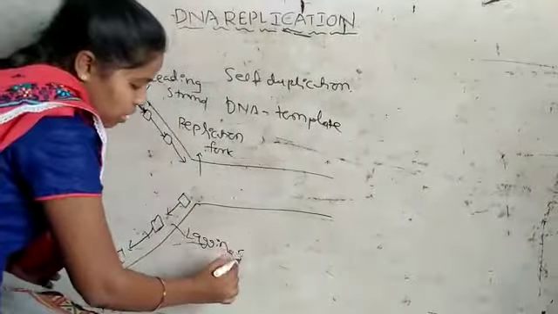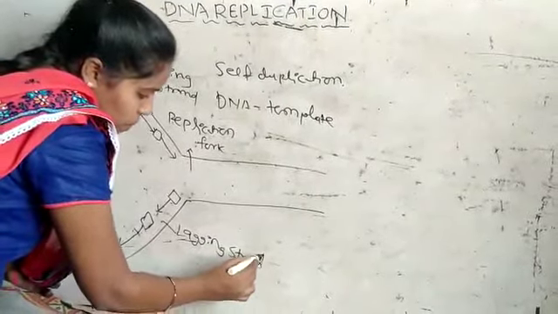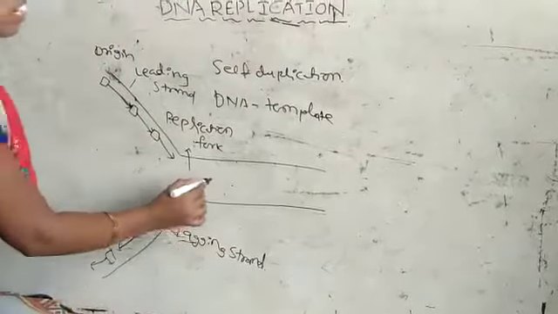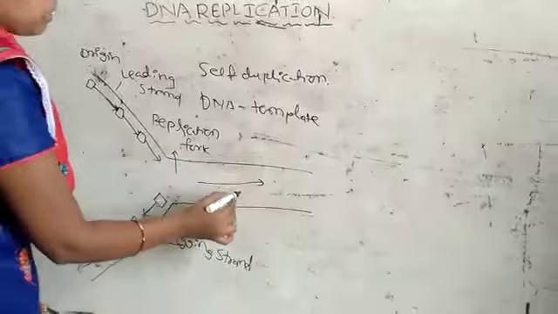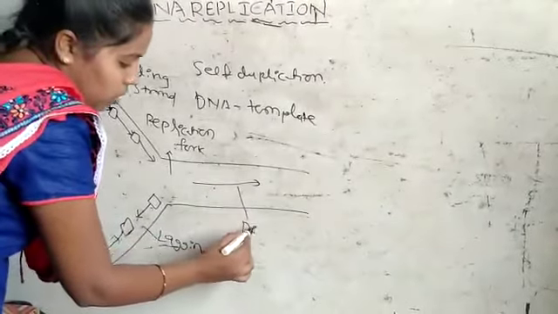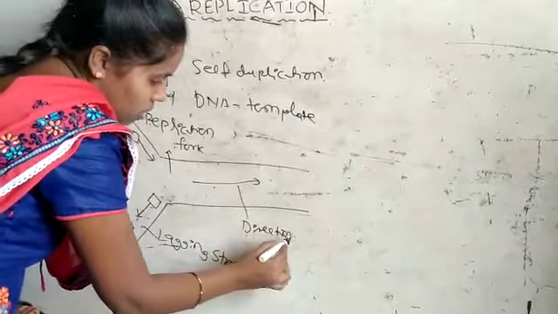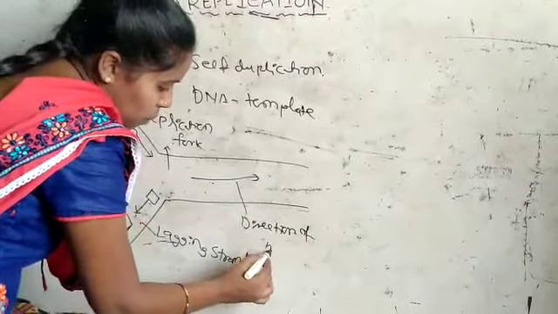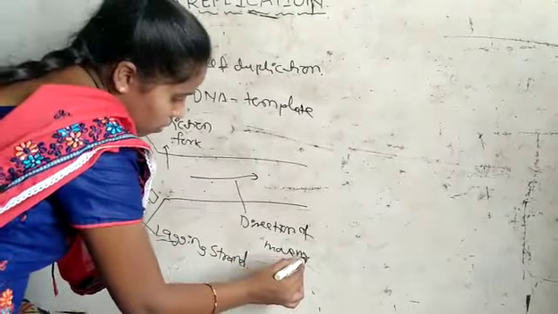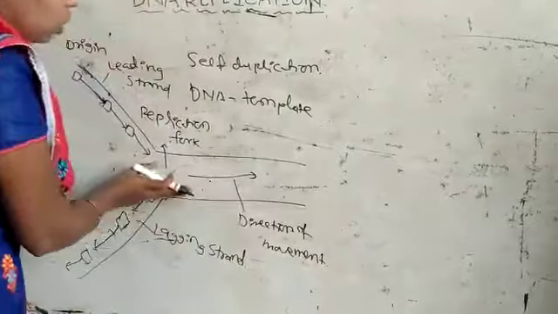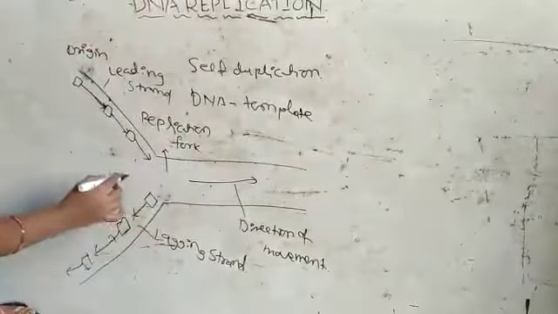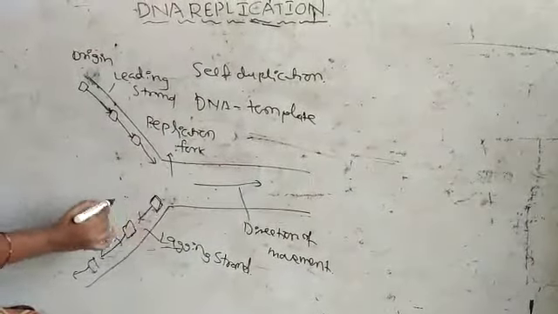This is the direction of replication fork movement. And this is the primer.